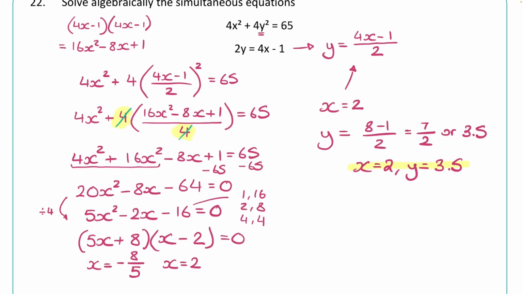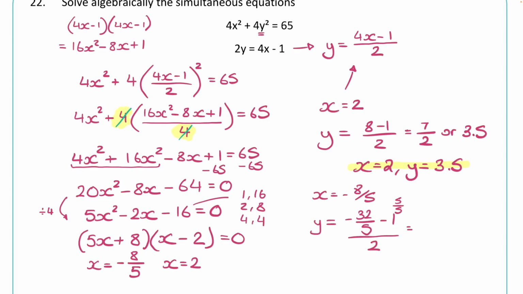And then for our next set of values, we need to substitute x is equal to negative 8 over 5 into that. So when x is equal to negative 8 over 5, if you prefer working with decimals, you could convert that to a decimal now. I'm going to leave it as it is and just see what happens. So 4 lots of 8 over 5, or 4 times 8 is 32, so that's minus 32 over 5, minus 1 all over 2. So 1, of course, is 5 over 5.